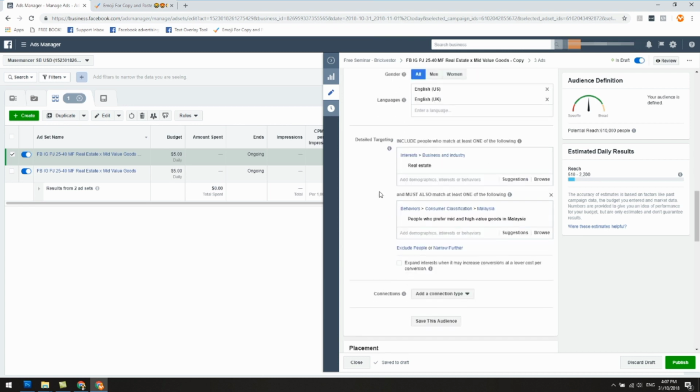So the only thing that we're really going to change here is just the detailed targeting, and we're going to find another detailed interest.